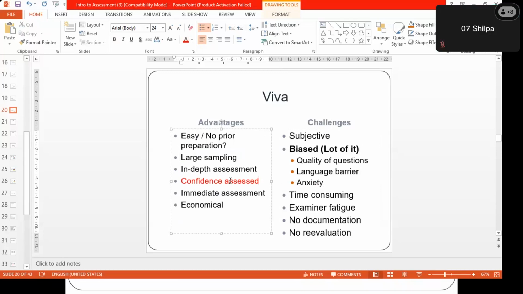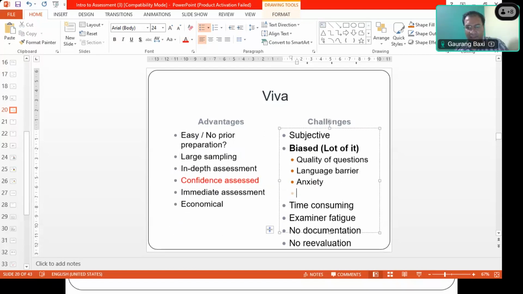Sir, we can also add bias in fairness of evaluation. We as examiners would feel that we are being fair.